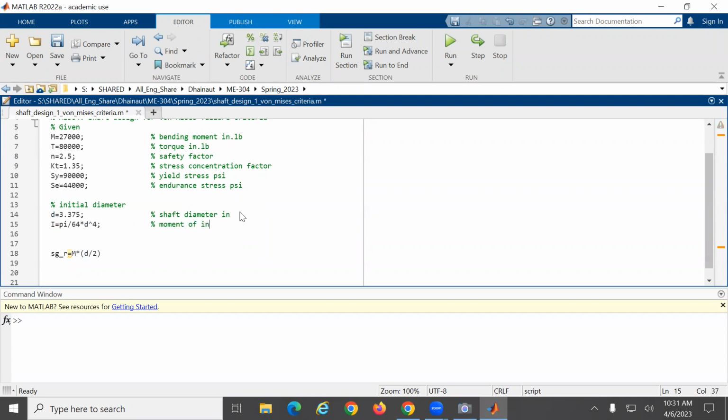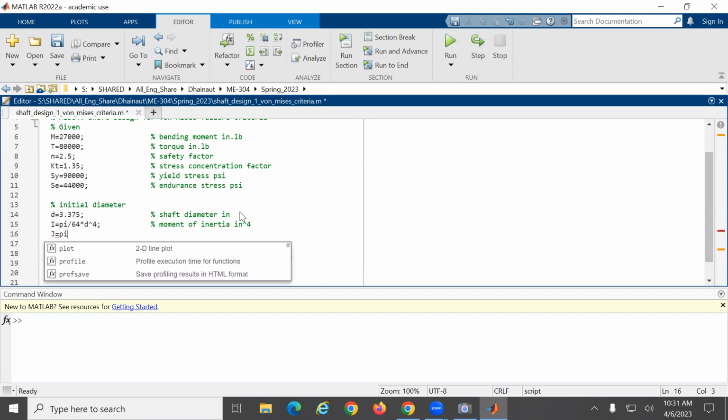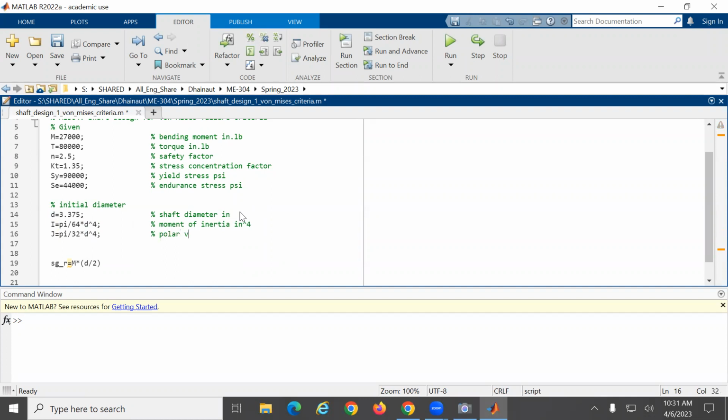Moment of inertia. What should be the units for this? Perfect. And then we have J here, which is pi divided by 32 times D to the 4th. This one is also a moment of inertia, but generally they call it polar moment of inertia, inches to the 4th.